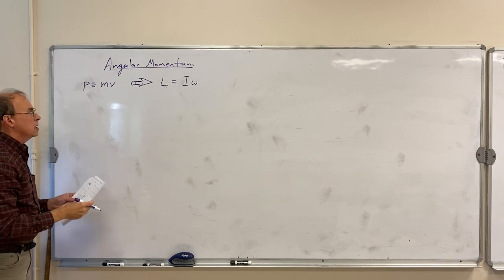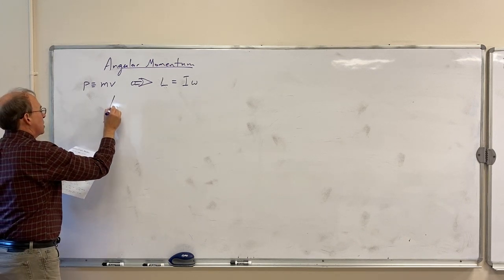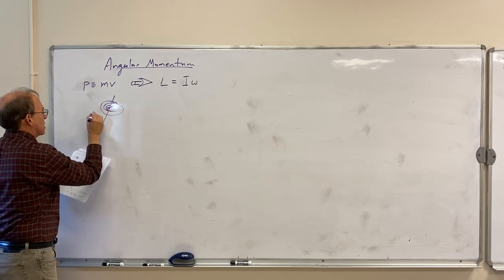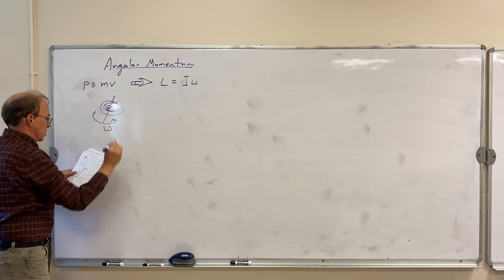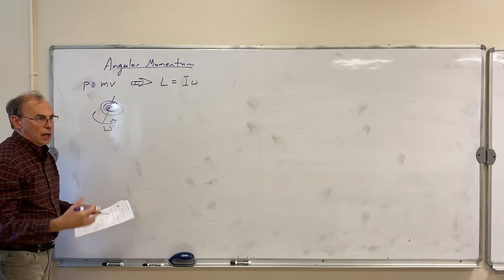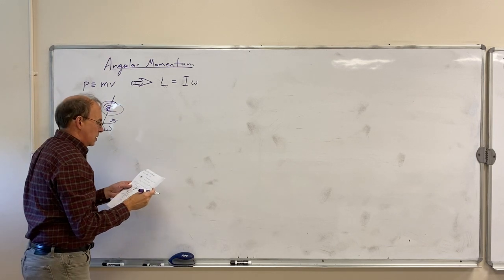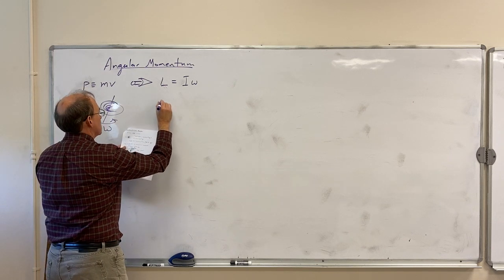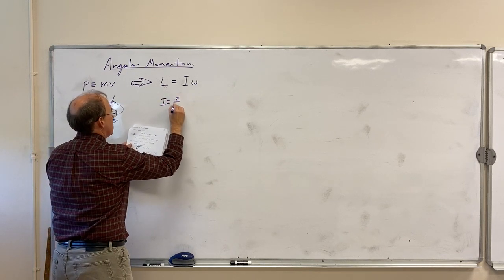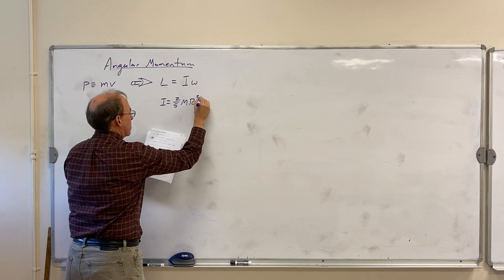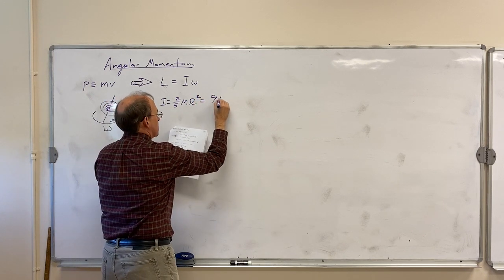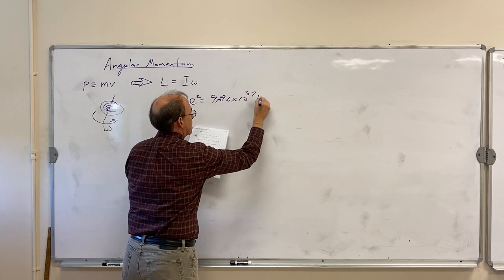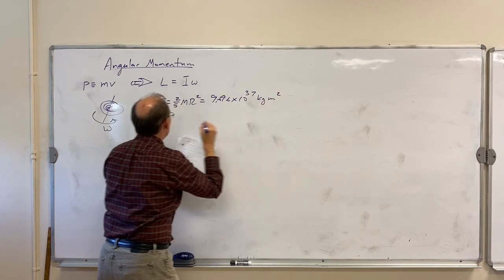So again, the Earth rotates on its axis and has some omega. We just computed these numbers. I erased them, but you can either go back in the video or, if you're taking notes, have them in your notes. That I, 2/5 mr squared of the Earth, was 9.696 times 10 to the 37 kilogram meter squared.